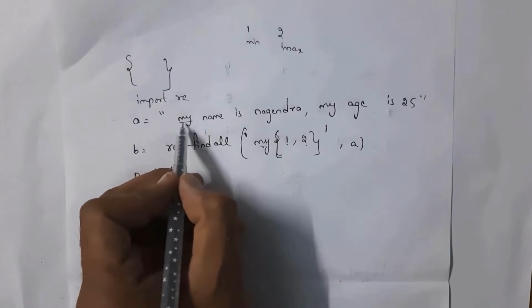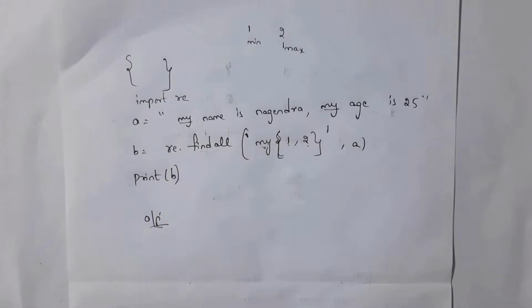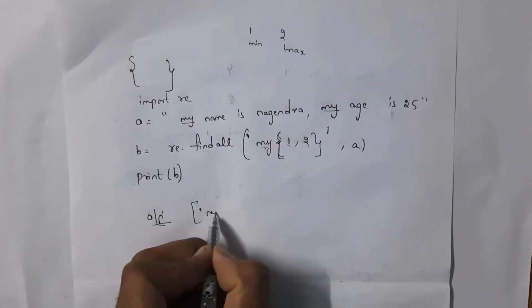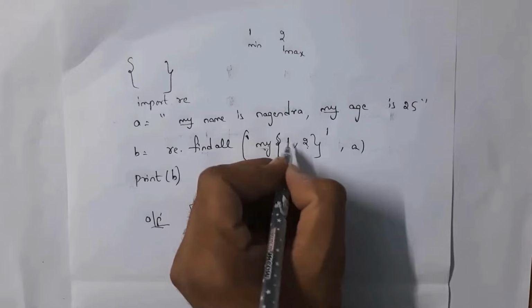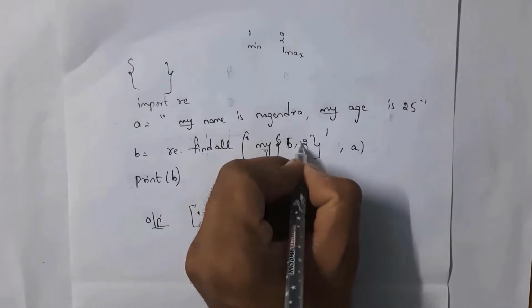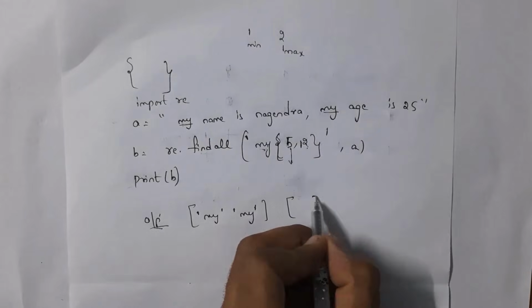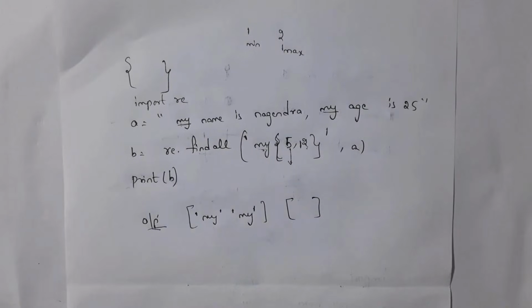This my is available here and again my is available here. So my is available twice. This condition is satisfied. So I will get output my twice. For example, if I write here minimum 5 and maximum 12, I should get output my at least 5 times, but my is available only twice. This condition is not satisfied, so I will not get any output. It will display an empty list. This is the use of curly braces.